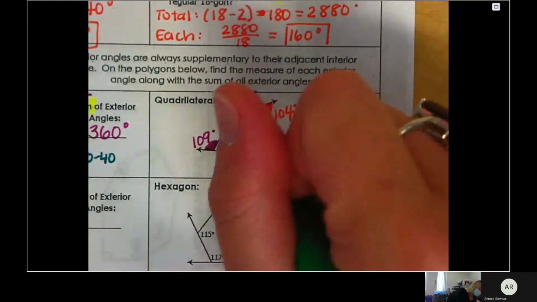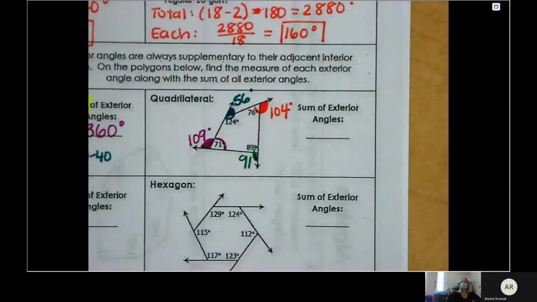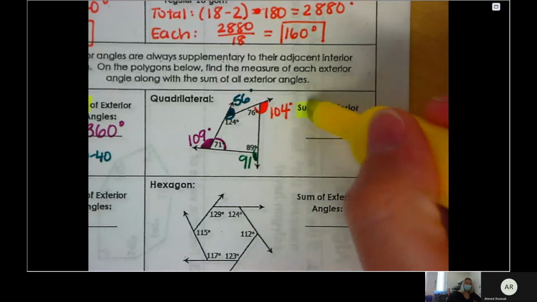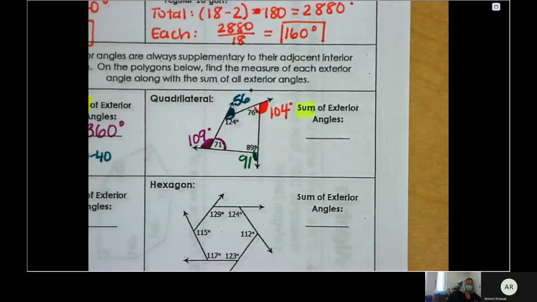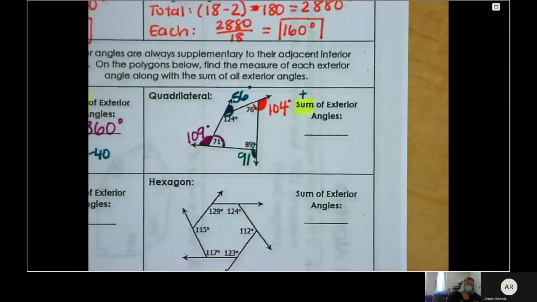Yep, and that's 91, right? Because 91 plus 89 gives me 180. So now you've got your four numbers. What should you do with your four numbers? Add them all together because it is the sum, adding together. So if you add 109, 56, 104, and 91, what do you get?